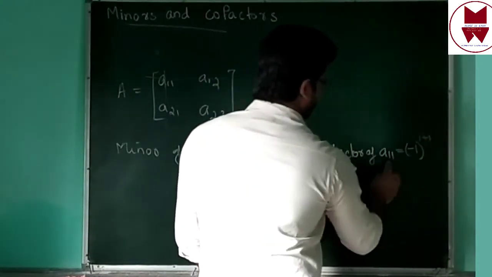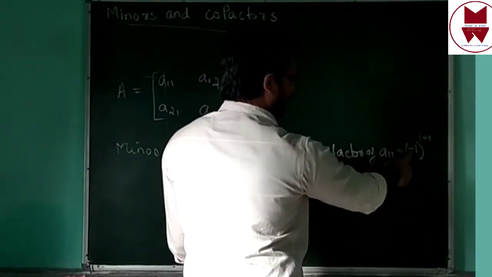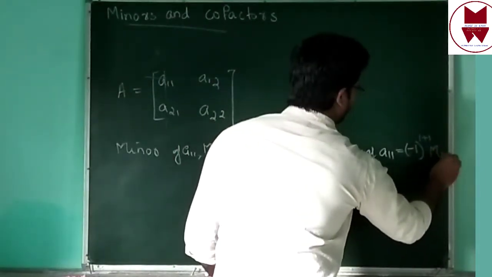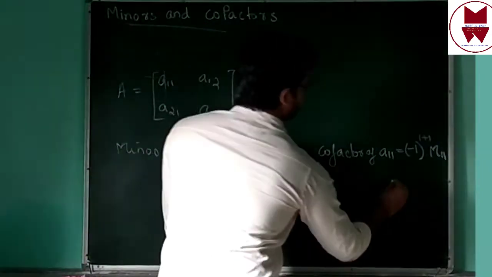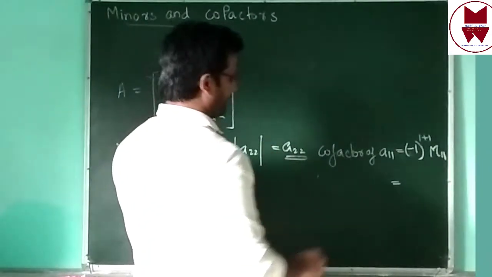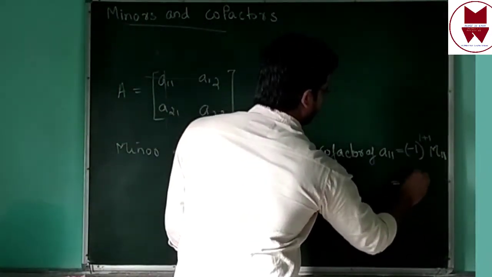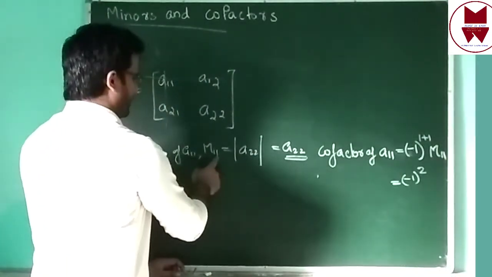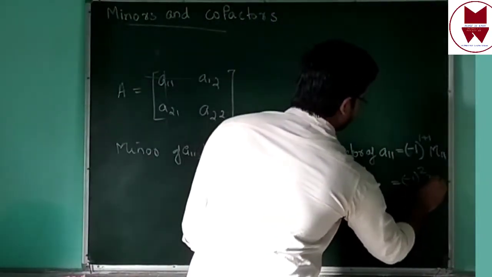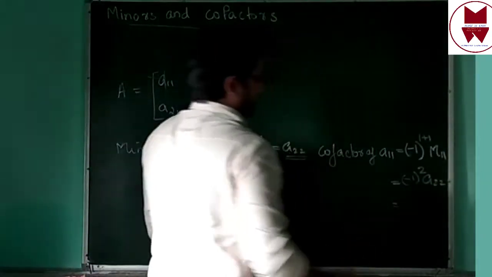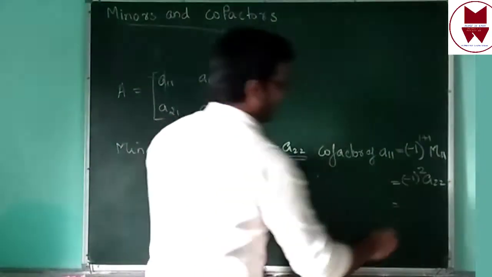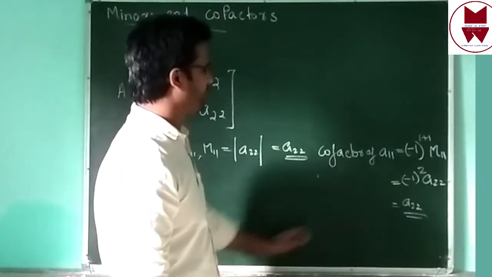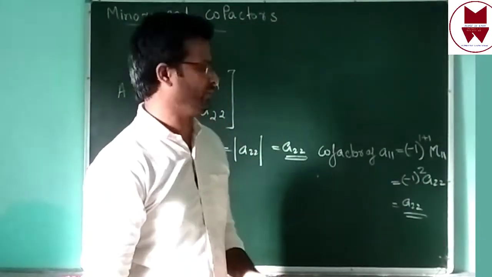Minus 1 is always common, raised to the subscripts 1 plus 1, times M11. What did we get? M11 is a22. Then minus 1 all squared is plus 1, isn't it? Now we got that the cofactor of a11 is a22.